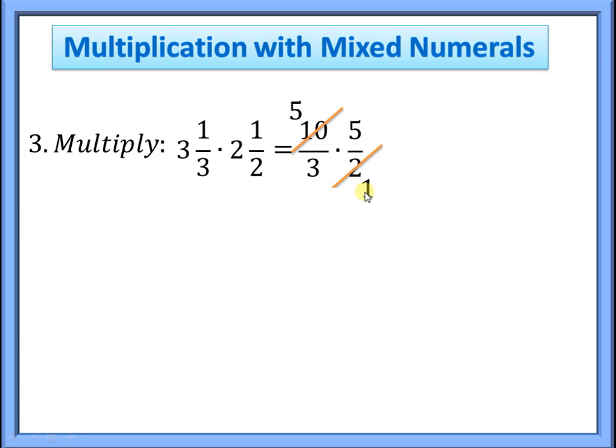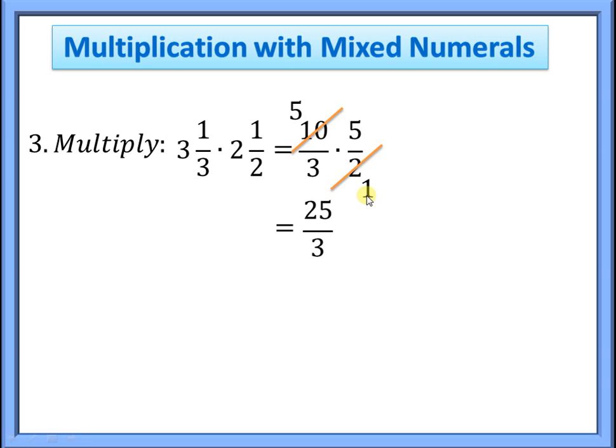Take note, when you want to simplify, make sure that it should be 1 in the numerator and 1 in the denominator. We cannot cancel 5 and 5 because both of them are in the numerator. So we just multiply 5 by 5. What we will have is 25, and 3 by 1 will be 3.